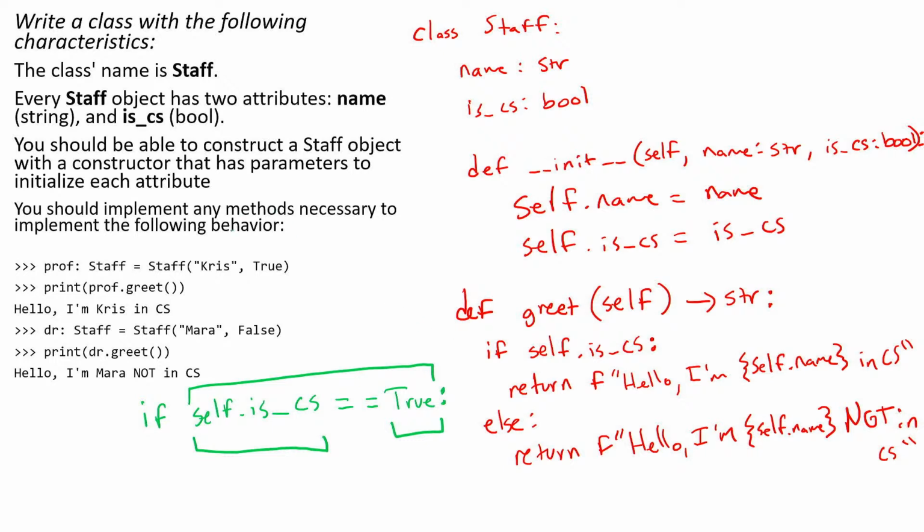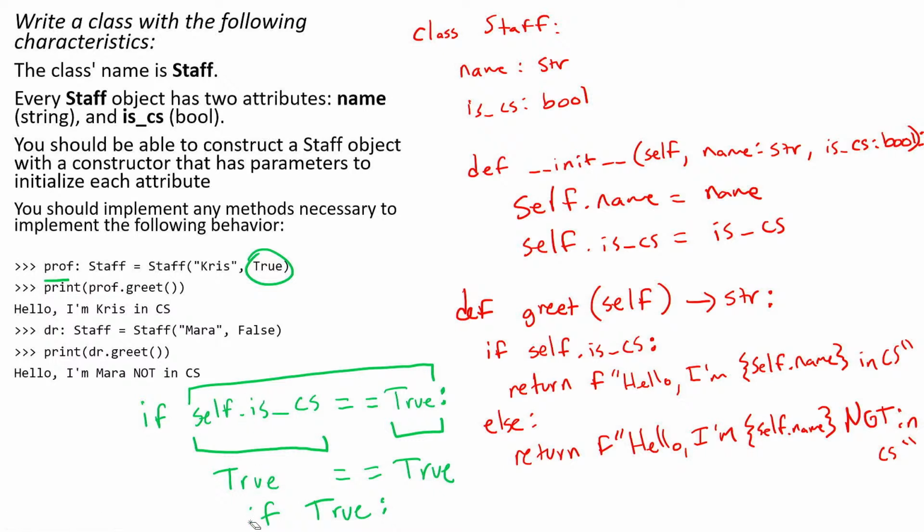So let's start with the example of this prof object. We initialize it with an attribute isCS true. So the first thing that would happen is the processor would say, okay, if true is substituted there, that would be true is equal to true. And ultimately, this would simplify down to if true, then we go into the then block, right?